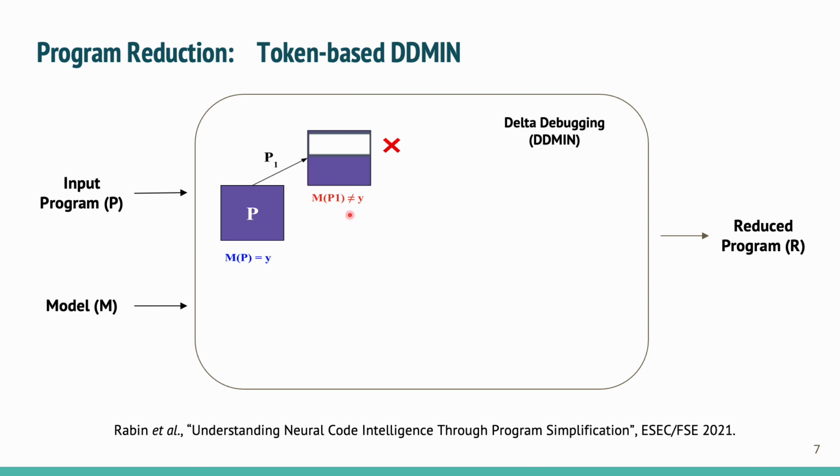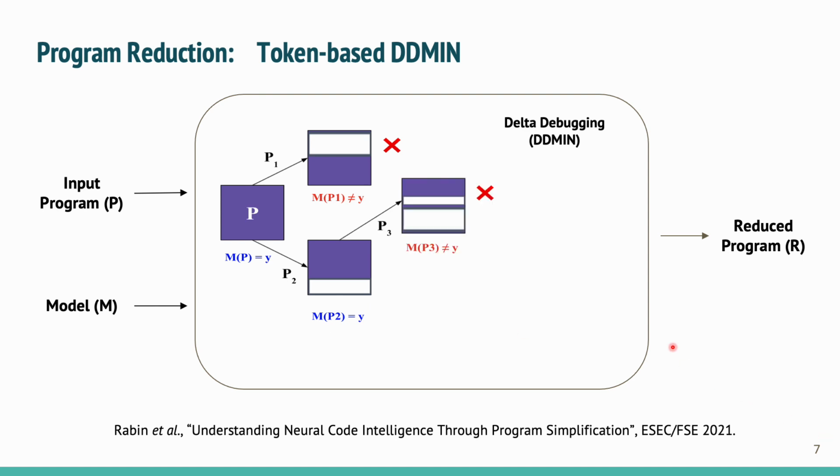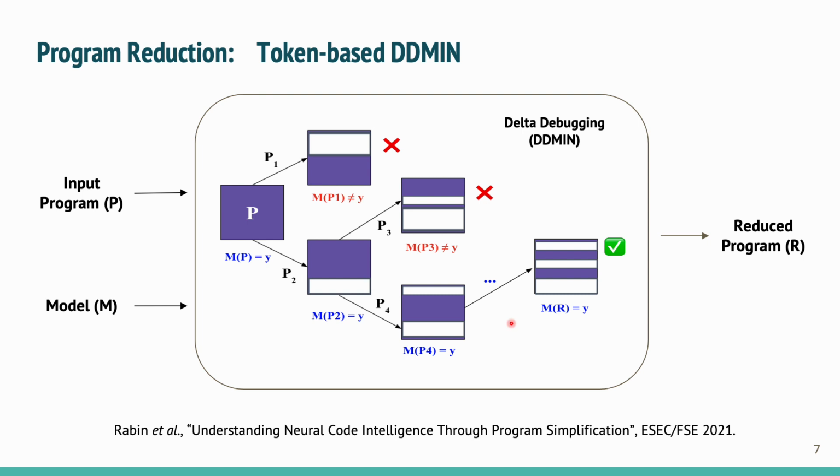If the reduced program does not provide the same prediction Y, it rejects this candidate and creates another candidate by removing some other parts from the program. The reduction steps continue if it preserves the same prediction Y. It then iteratively searches for a reduced program that produces the same prediction as the original input program, and step by step it reaches the final reduced program.